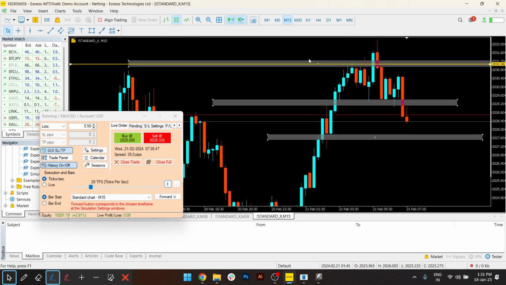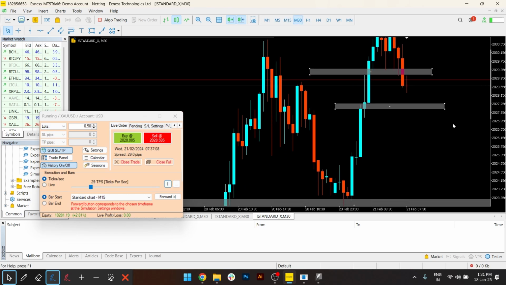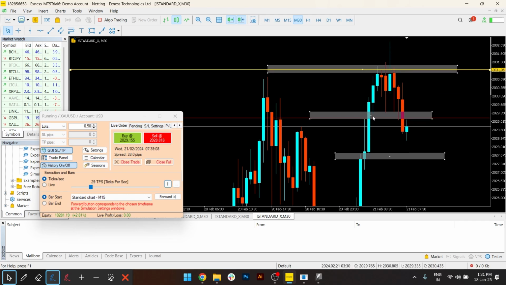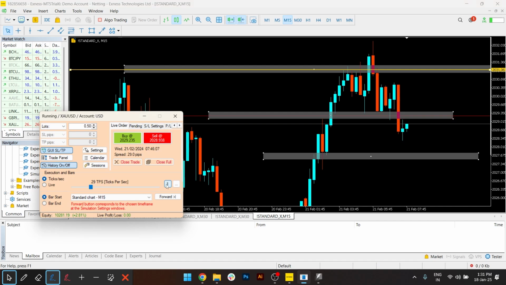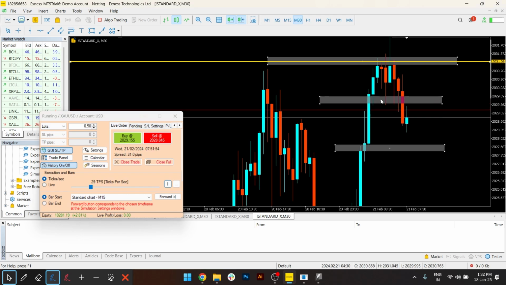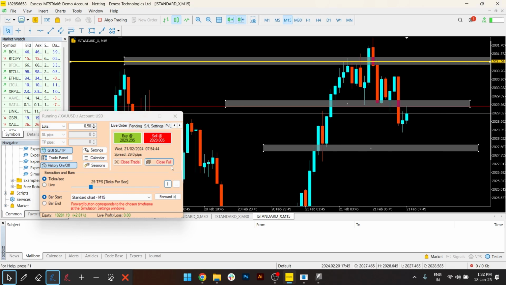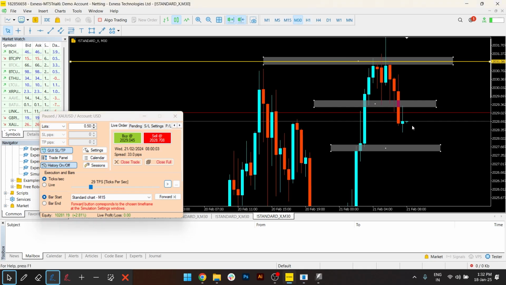So the 15-minute now closed bullish. This 15-minute, next 15-minute candle, we are... yeah, so the 30-minute closed like this.